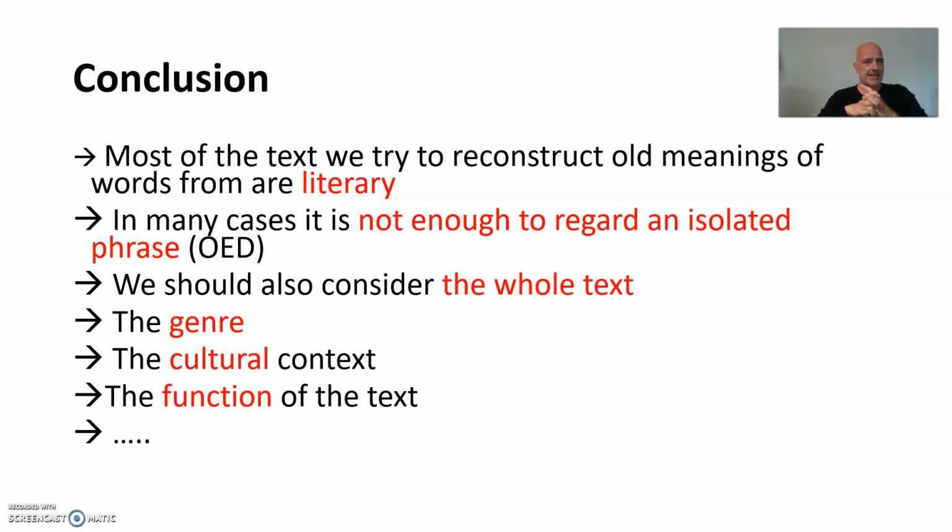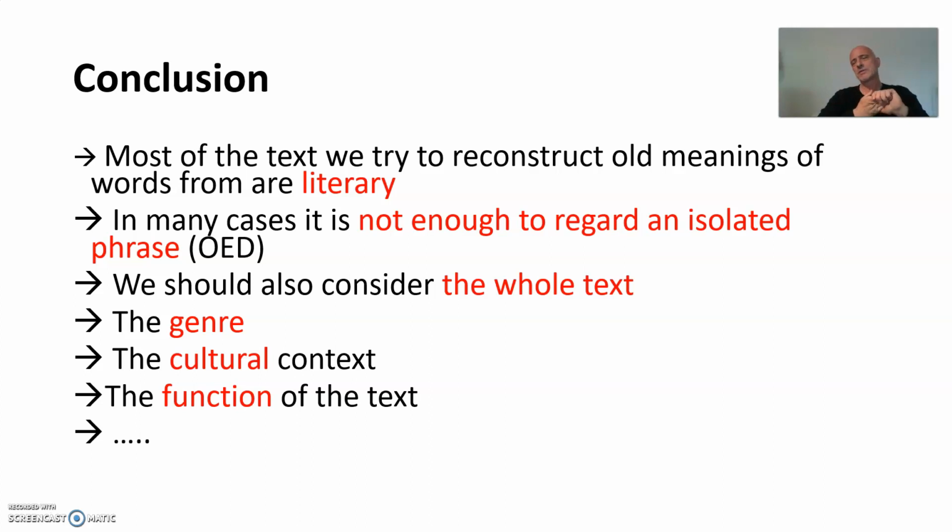And we should bear this in mind, because literary texts are full of rhetorics. So they are not very easy. They should not always be trusted, okay? Because, of course, the author, if he writes a literary text, is playing with words. So bear this in mind.